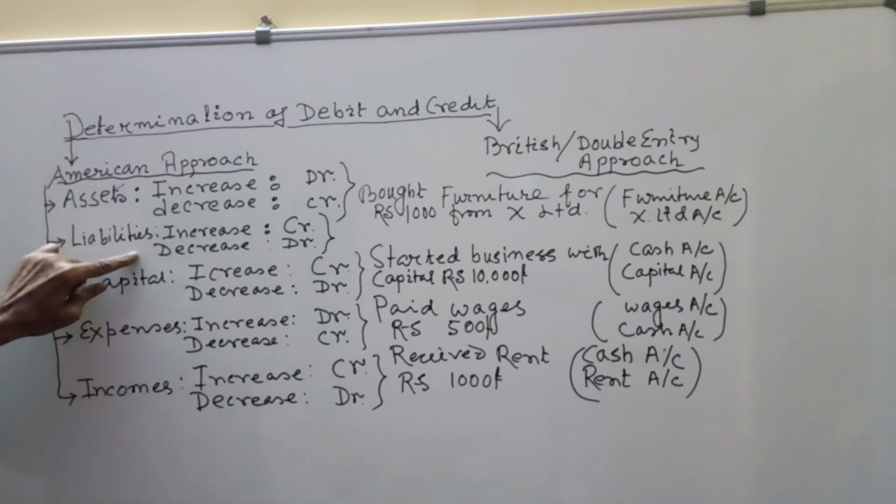Similarly, when a liability increases, the particular liability account will be credited, as we have credited the X Limited account, and if the particular liability decreases, it will be debited.